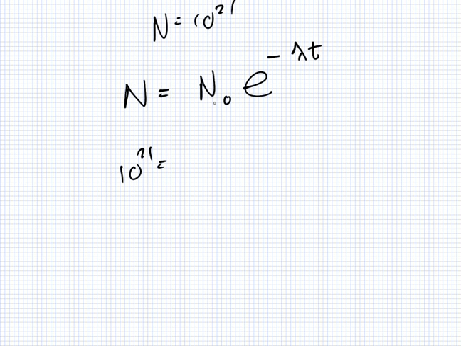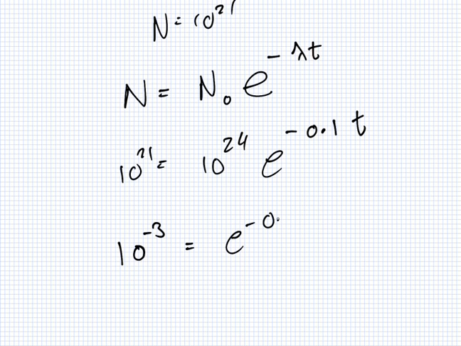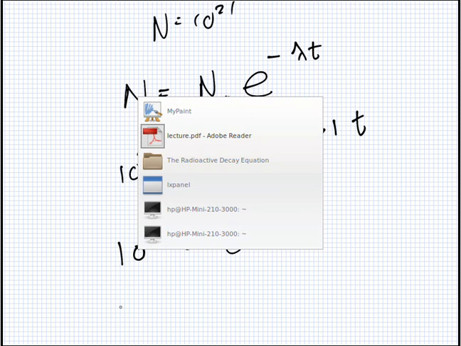What's N0? And what's lambda? You got it. 0.1. So we divide here. I think you had trouble with this one, Abraham, as well. So this is 10 to the minus 3 equals e to the minus 0.1 t. Use the log. Use the log, yeah.